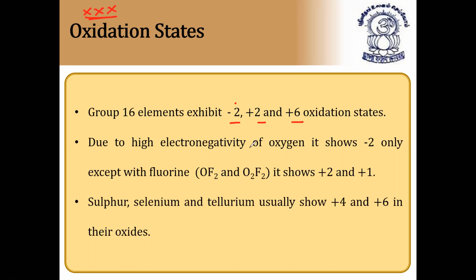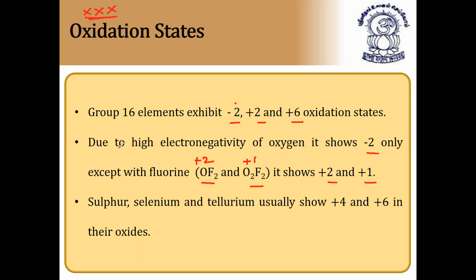Due to the high electronegativity of oxygen, it shows only -2, except with fluorine, in OF2 and O2F2, where it shows +2 and +1. With fluorine it forms two compounds, oxygen difluoride, where the oxidation state of oxygen is +2, and dioxygen difluoride, where it is +1.